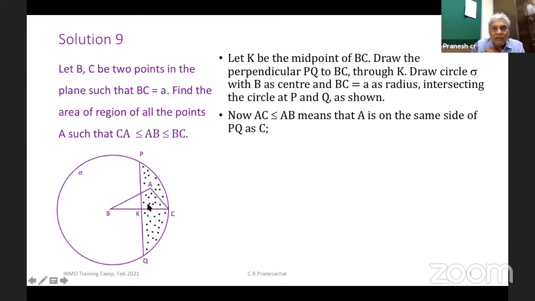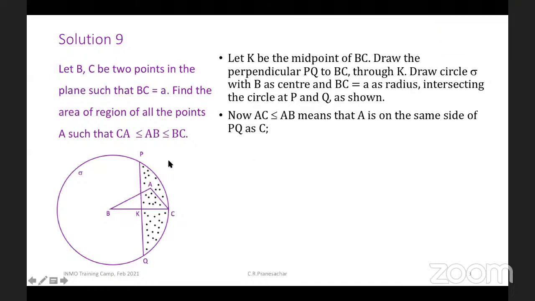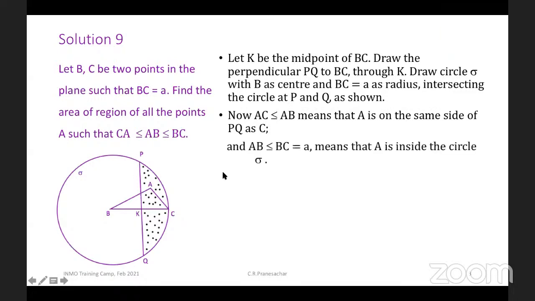So what is the area of this minor segment? How do you calculate the area of the minor segment, given that the radius is small a, and given that K is the midpoint of BC? Now let me go to steps 2 and 3.